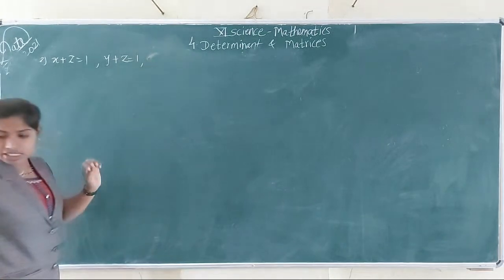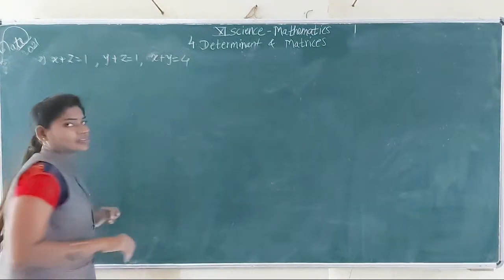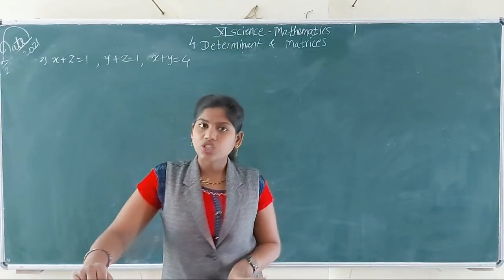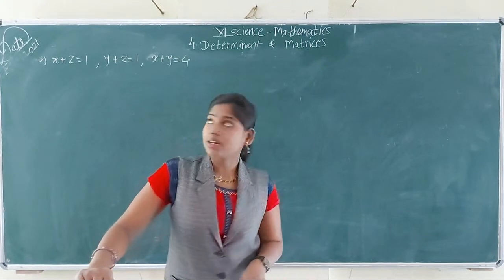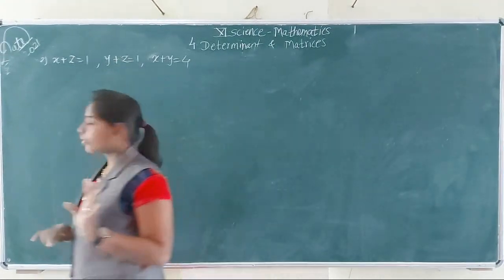And the next equation is x plus y is equal to 2. Then there are 3 equations, three linear equations. Okay. And how many variables? x, y, and z. There are three variables.